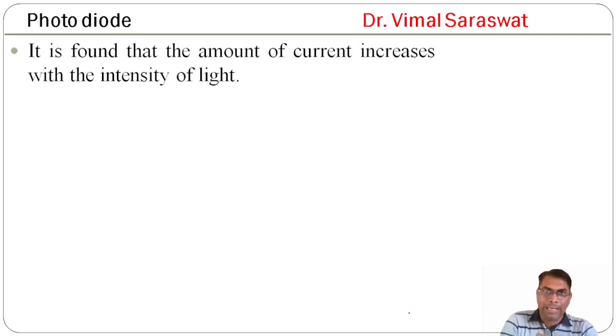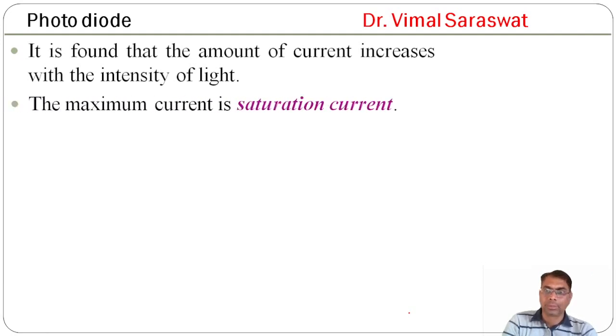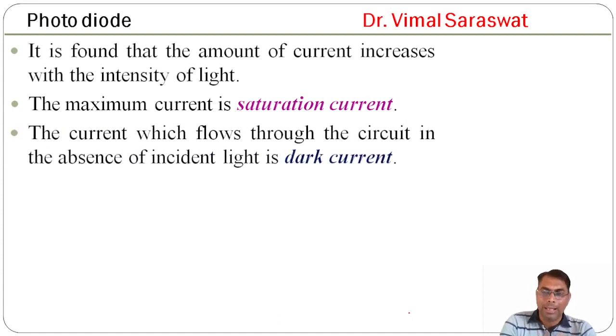It is found that the amount of current increases with the intensity of light. So as the intensity of light increases, the amount of current also increases. The maximum current is our saturation current, and the current which flows through the circuit in the absence of incident light is dark current.